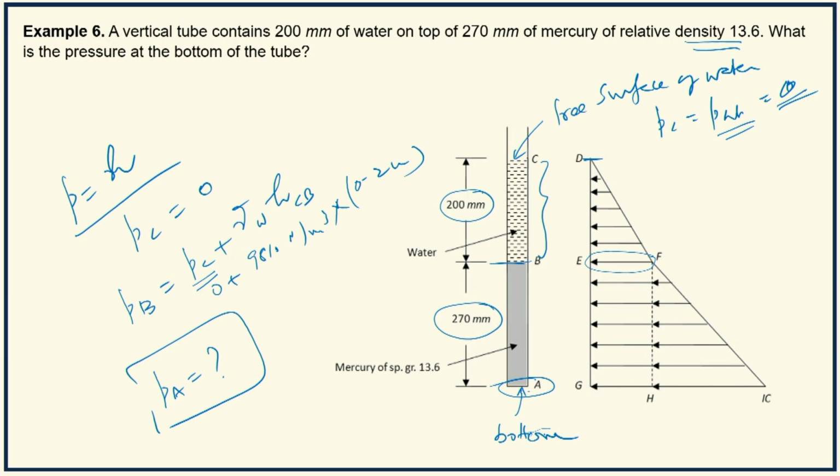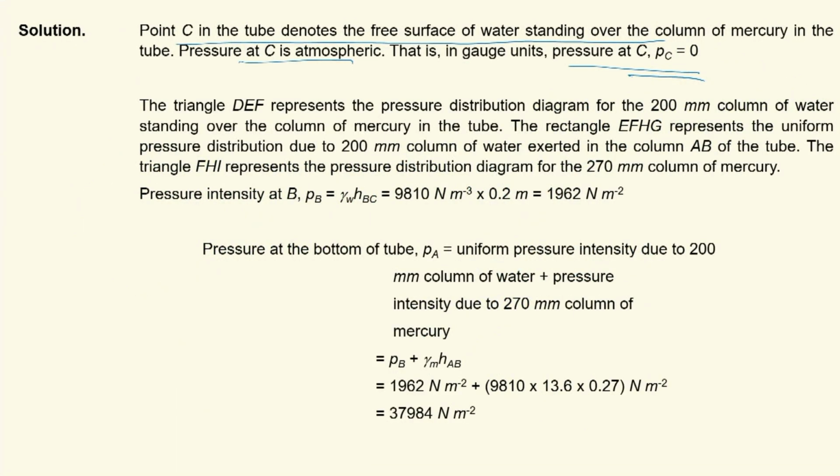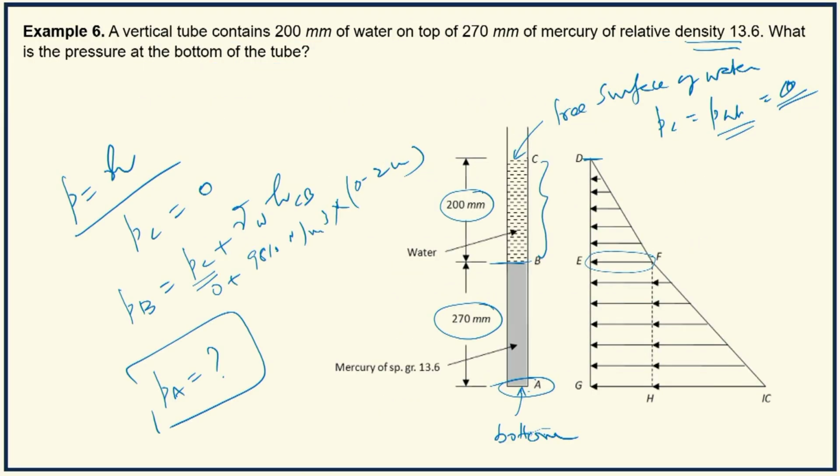Now the rectangle EFGH, what is EFGH? See, this pressure intensity at the interface due to the overlying water will be uniformly felt in this column of mercury, and in addition to this you will have the varying pressure due to the column of mercury.